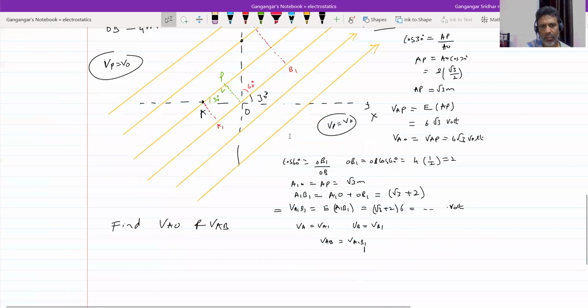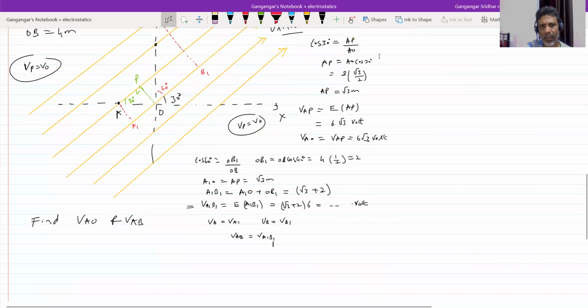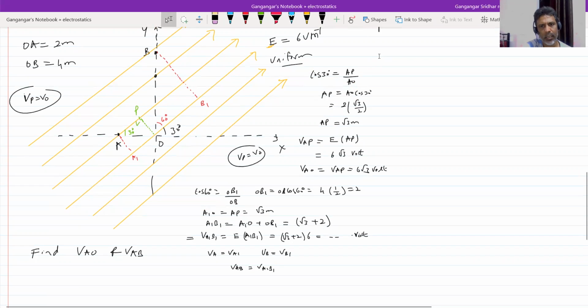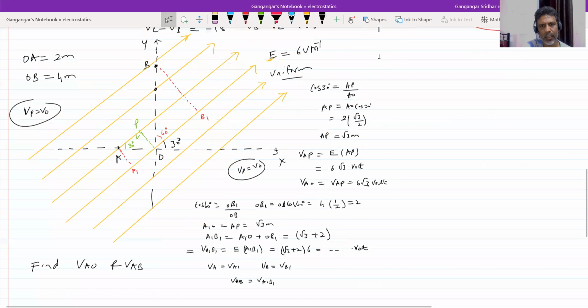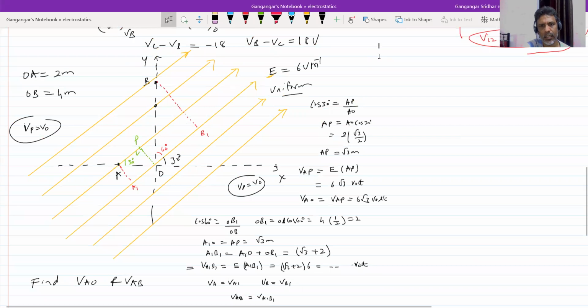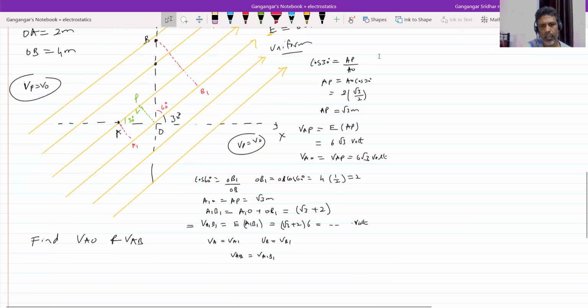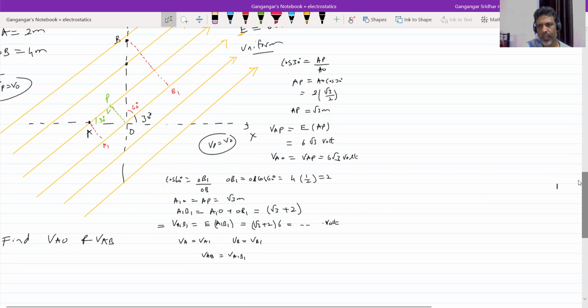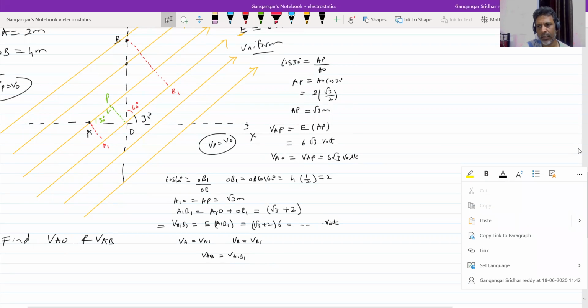Different sorts of geometrical diagrams will be there. A student has to make observations. I'll give a few more cases.